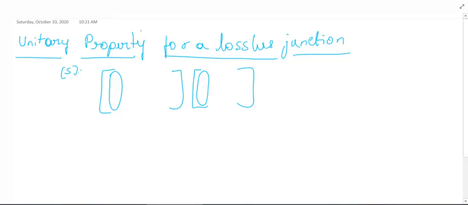It need not be a column always. If I multiply the row with its row itself, both being our S matrix, with the complex conjugate of those elements, what should I get? I should get unity. This is what the unitary property means.